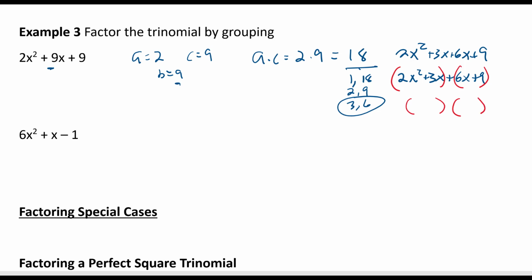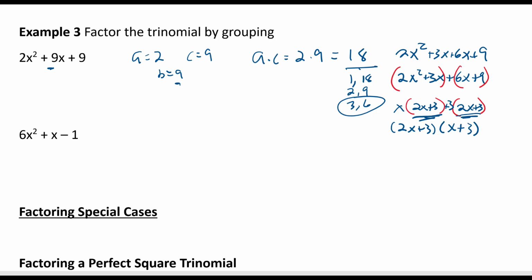Out of the first pair, I can pull an x, and we have 2x plus 3. Out of the second pair, I can pull a 3, and I have 2x plus 3. I notice that in the parentheses, those are matching terms, so we can pull that 2x plus 3 out. Then we have times x plus 3.